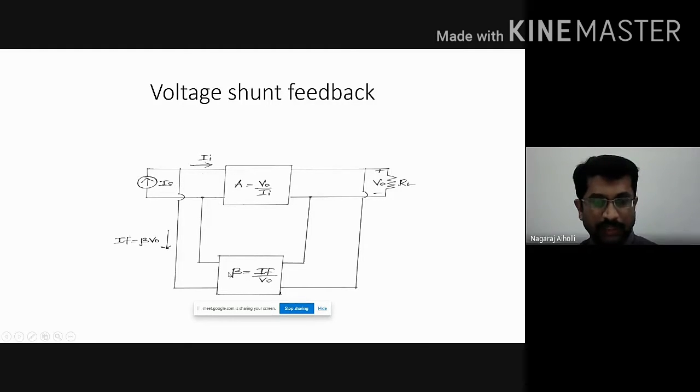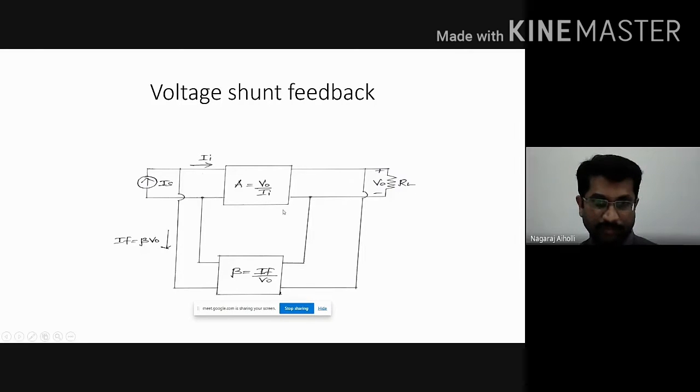The output is in parallel, or in shunt, with the current source. That is why it is called voltage shunt. The output voltage collected from the output of the amplifier is applied as input to the feedback, but the output of the feedback is connected in shunt with the current source. Hence it is called a voltage shunt feedback amplifier.